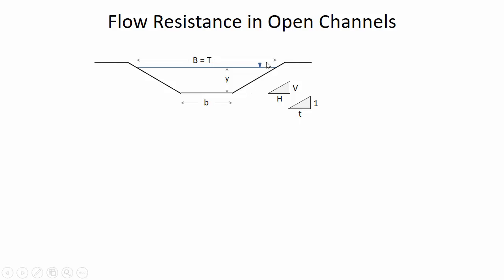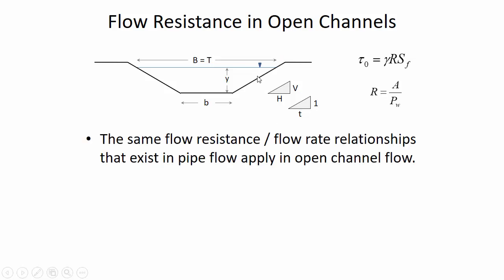And the reason for that is if you make it really steep and it's not lined with concrete or asphalt, then it's not going to be a stable slope. But if it's just a grass-lined channel, you can usually maintain a 1 to 2 side slope. Remember that we defined shear stress in terms of the slope of the energy grade line. We can use those same relationships in open channel as well.